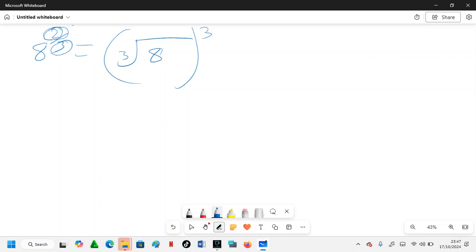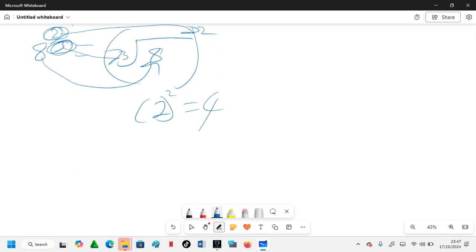So the cube root of 8 is 2, 2 squared. Remember, this one went there, this one went inside, and then this one went there. So 2 squared is 4.